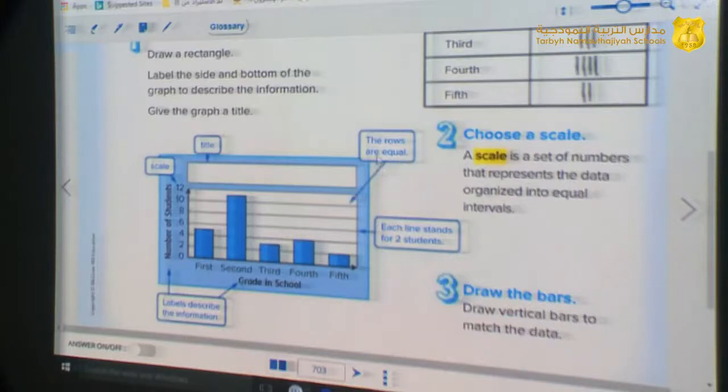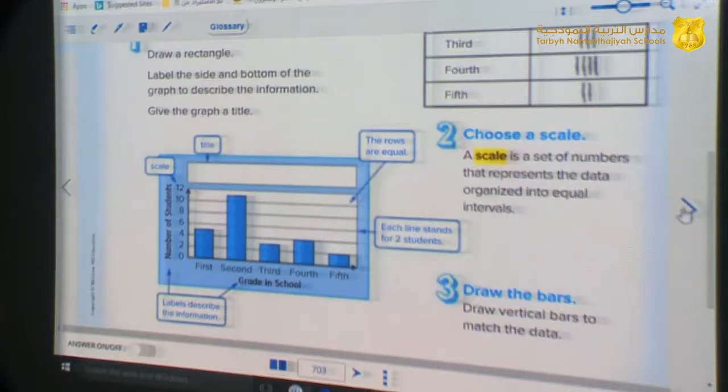These rows have to be equal, each interval with the same distance as the others. Here each line stands for 2 students because our scale is 0, 2, 4, 6, 8, 10, 12, and so on.